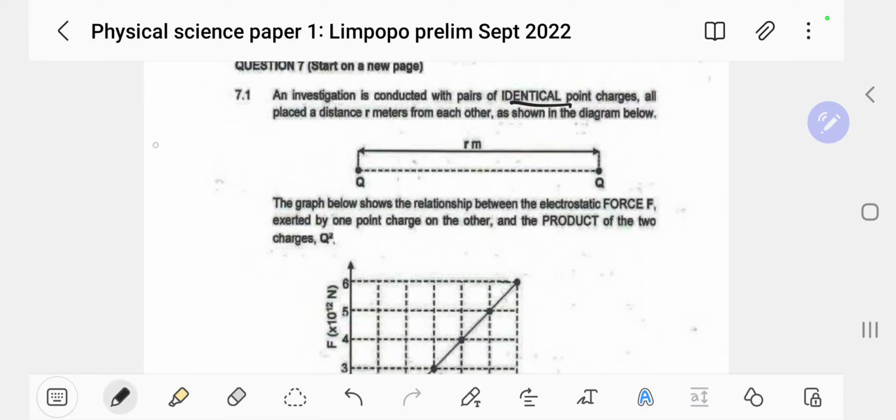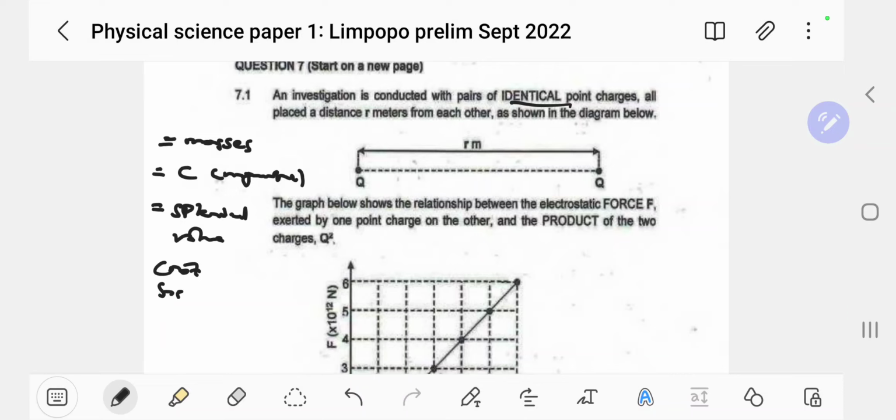So when we say identical, we mean equal masses, equal coulombs, as in charge. That is just the magnitude of the charge. And then, of course, spherical volume. Not signs.